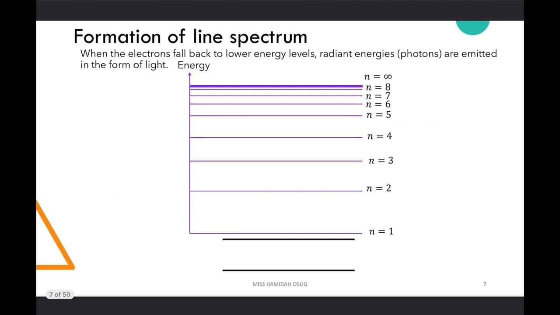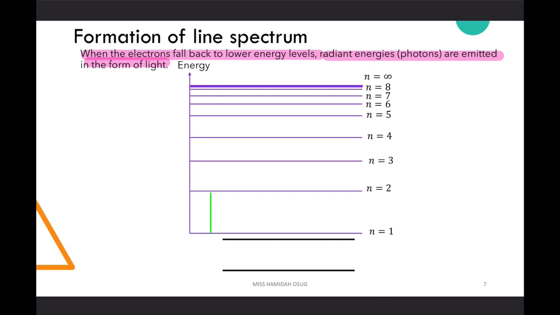As I explained in the previous video, how the line spectrum is formed: an electron at excited state is very unstable, so it will fall back to a lower energy level and it will emit energy in the form of light. Sebagai contohnya, kita ada elektron pada n equals to 2, pada energy level 2.